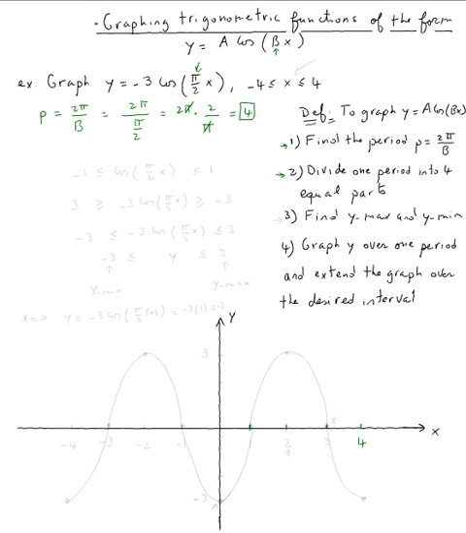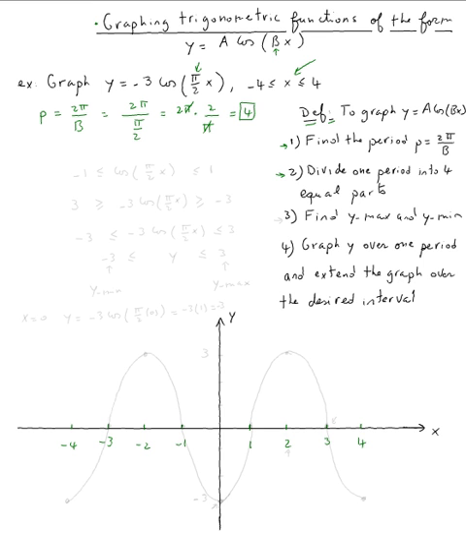So if this is 4, then this is going to be 1, 2, 3, 4. But remember, we need our domain, or the desired interval, x between -4 and 4. So we're going to need to go all the way to -4. Divide this in 2. So this will be -1, -2, -3, -4.